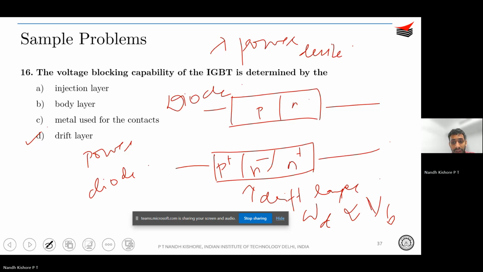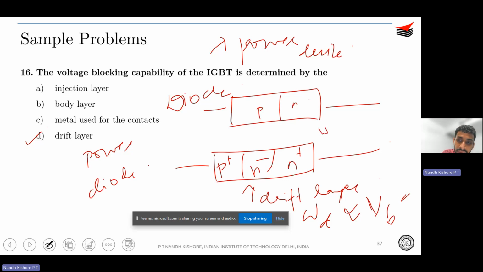Since the width of the drift region defines the voltage blocking capability, you may say, I will use 1200 volt rated or 1700 volt rated devices for all applications. However, it comes with a drawback.